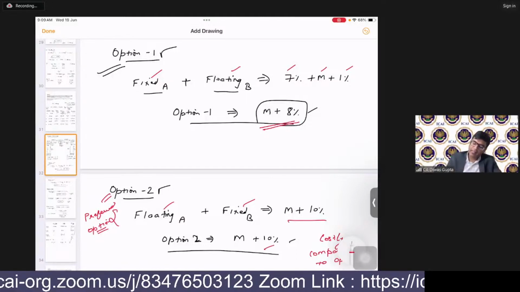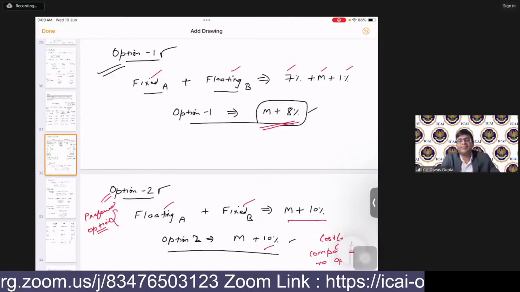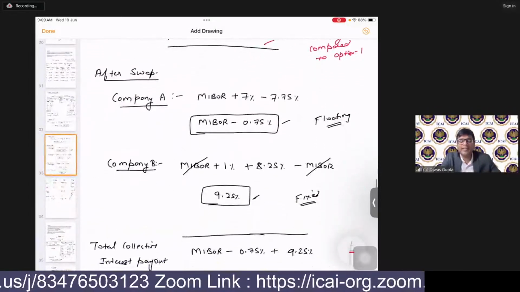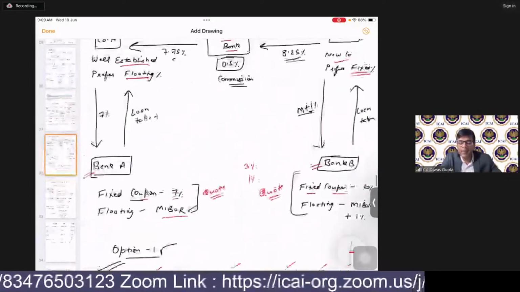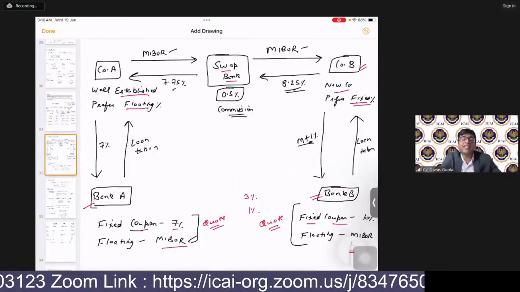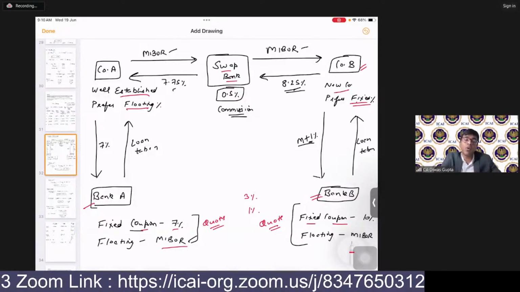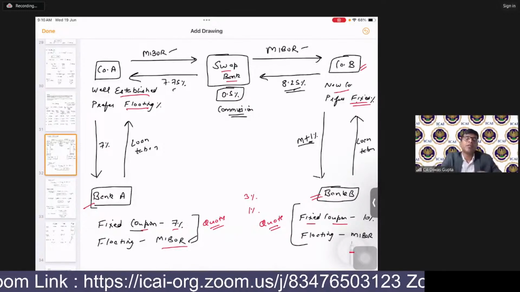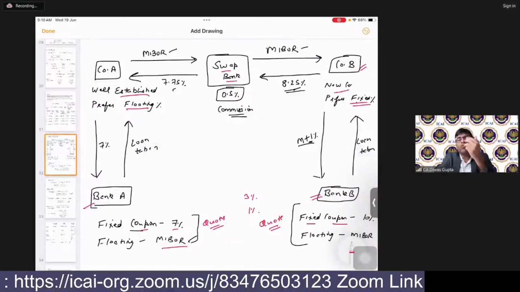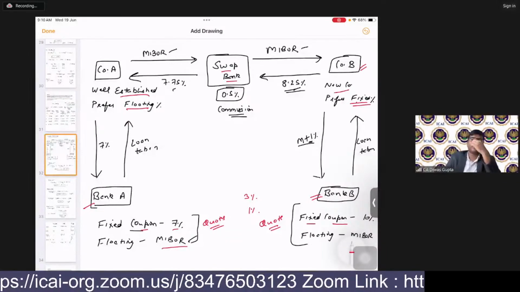From MIBOR plus 10, it is coming down to MIBOR plus 8. The moment we say that, company A will say, see, you're asking me to borrow in fixed. However, my preference is to borrow in floating. So swap bank says that, see, I am there. I will help you out. You do one thing, you borrow in fixed.